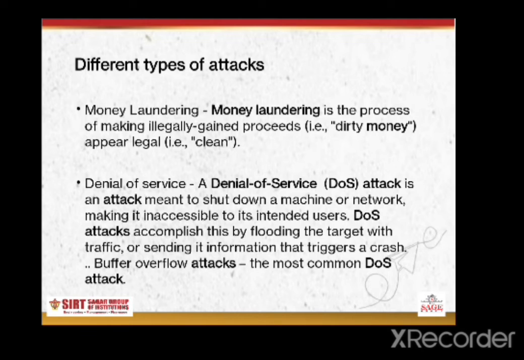So this is what money laundering is. Now the denial of service attack: it will shut down the machine, it will disrupt the network, and it will disrupt the processes or the things that are working in a computer system. So this is what denial of service is.